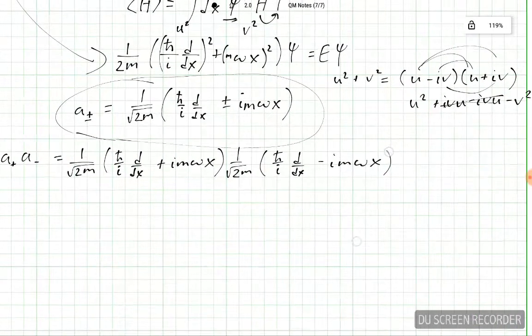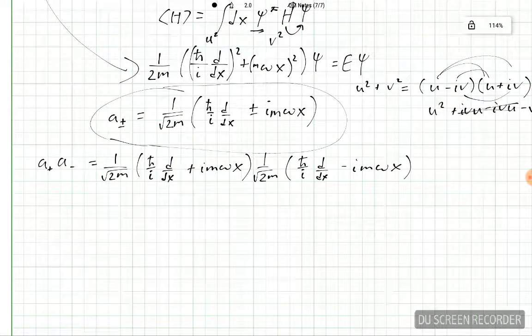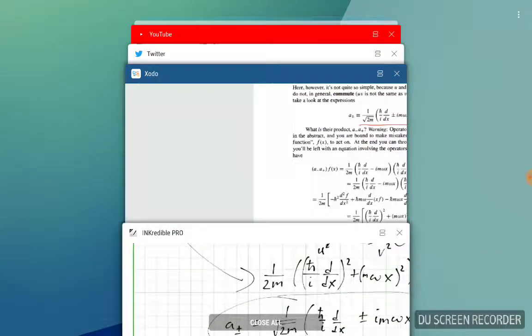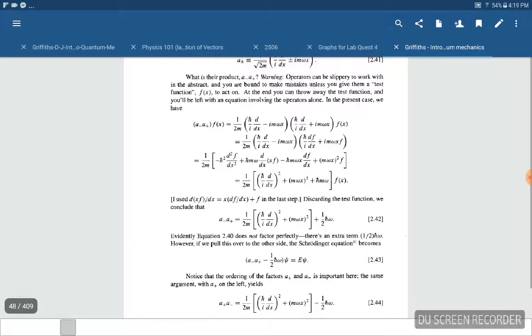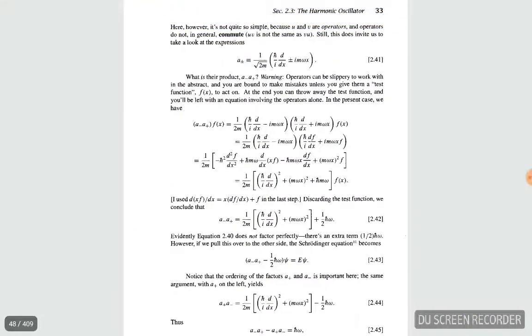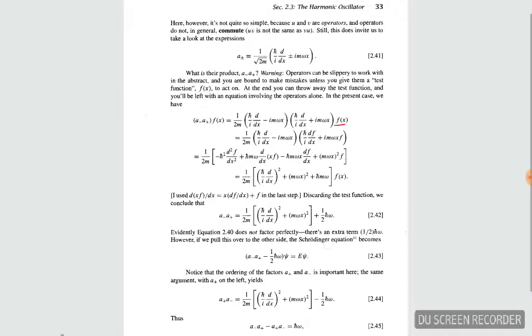Now, he does make a recommendation in Griffiths, which is not a bad idea, actually. Which is, he does say it might be helpful to just throw in a function f(x), so you can make it clear what your operator is working on. So for example, when you get the difference between f(x) times d/dx versus d/dx f(x).